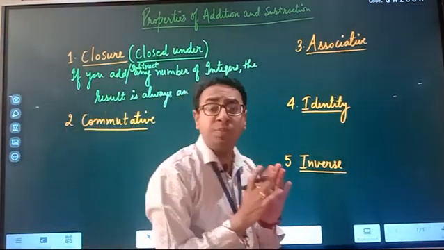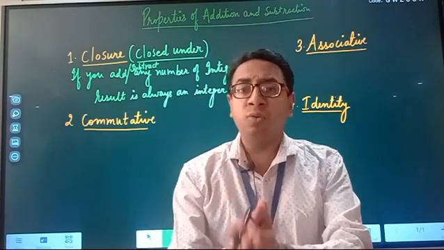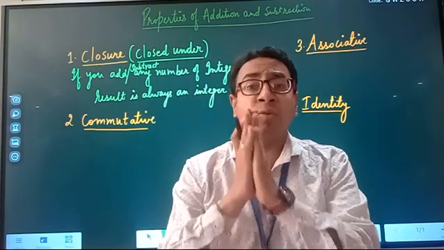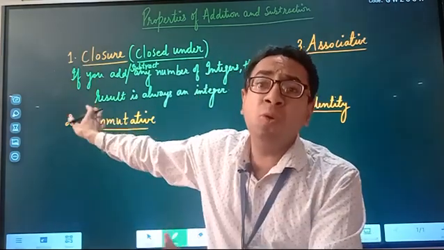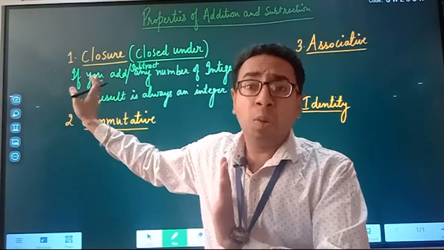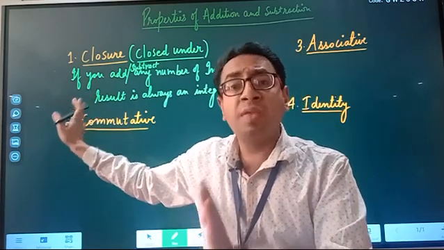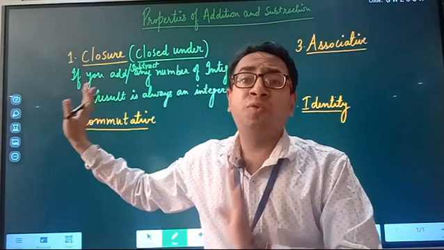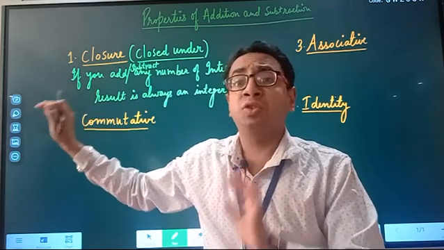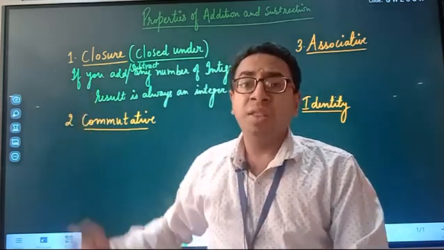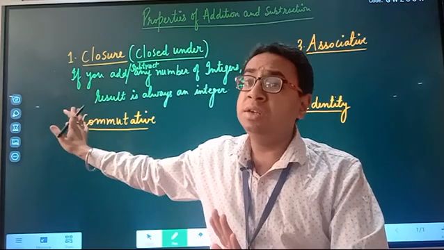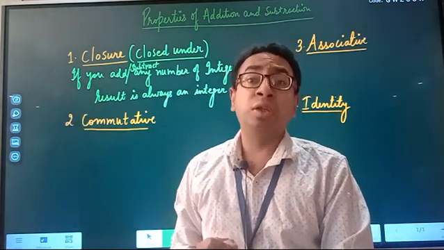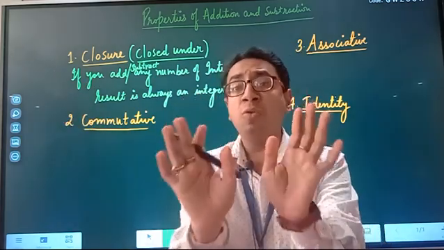Same thing I told you. Once you are part of any school, for example OPS Vidya Mandir, once you enter, you are part of it. You are closed under OPS Vidya Mandir. Whatever the rules and regulations are there, everyone is supposed to follow that. Everyone has to adhere to those rules. This is what closed under means. Closure property means you are closed under.